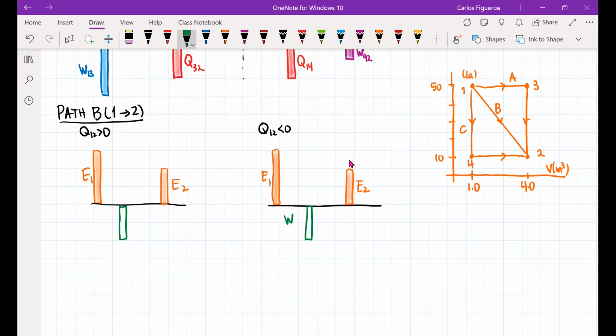So this is the work from 1 to 2 because of the expansion. Now, as a guide, I note that the work from 4 to 2 is greater than the work from 1 to 2, which is greater than the work from 3 to 1.